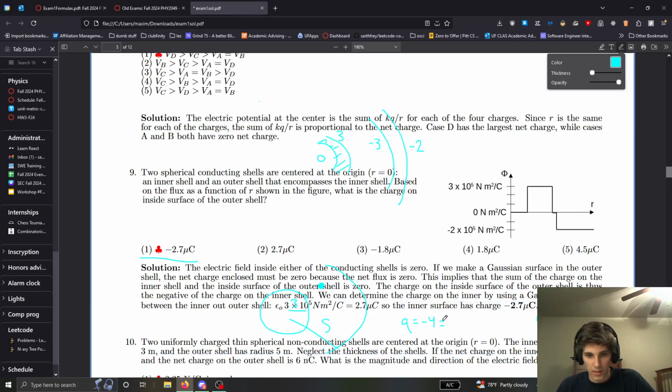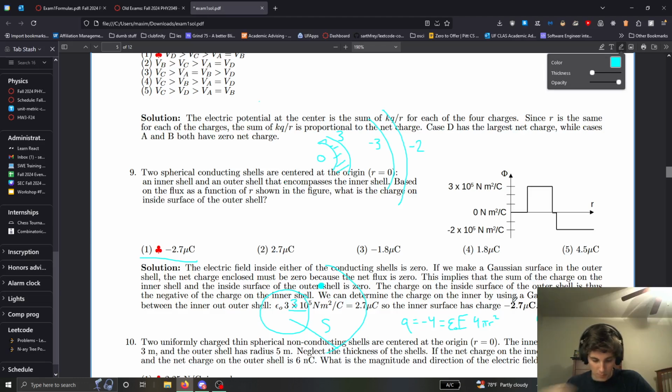Epsilon 0, then electric field, which we're solving for, then the area. This is the surface area of the sphere, which I believe is 4 pi r squared. And we are given the r here as 3.